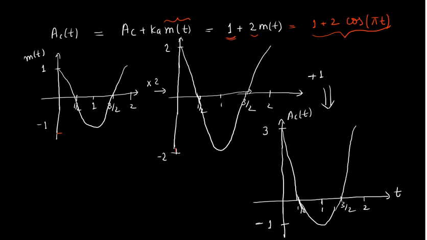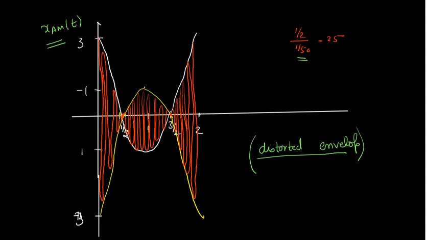So this is our a(t), and in order to plot our amplitude modulated waveform, what we do, we first plot a(t) and we also plot minus a(t). Minus a(t) is nothing but the mirror image of your a(t) with respect to your x-axis.